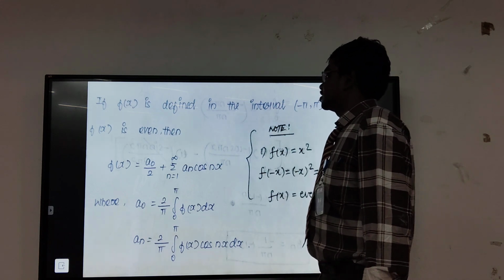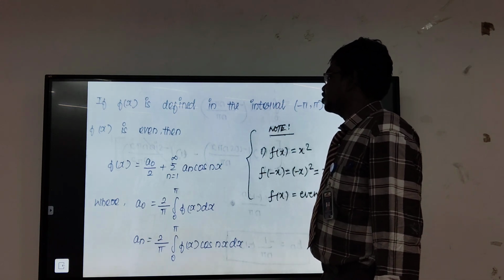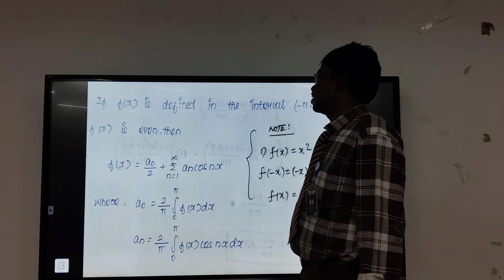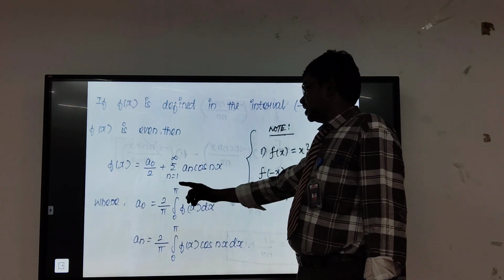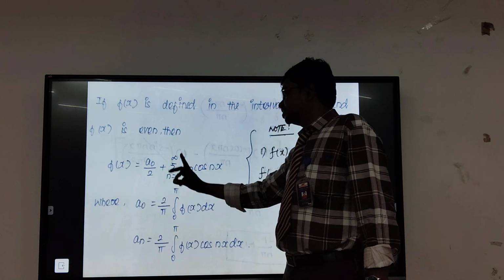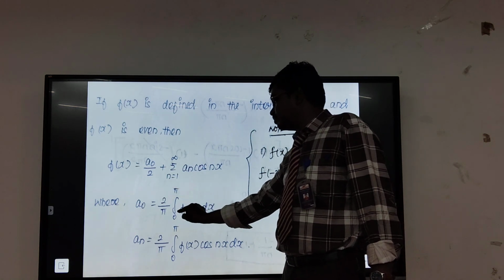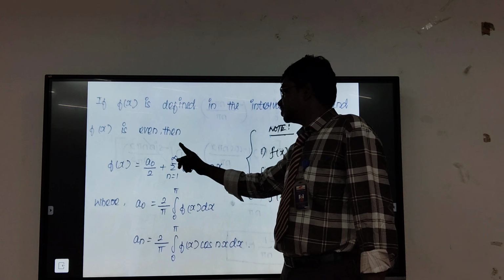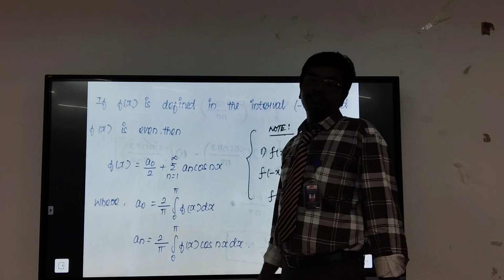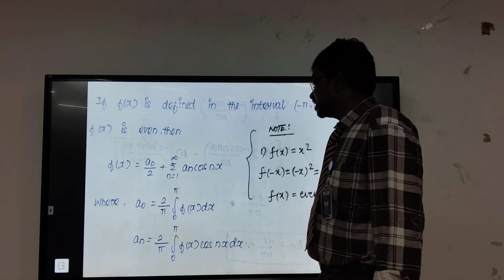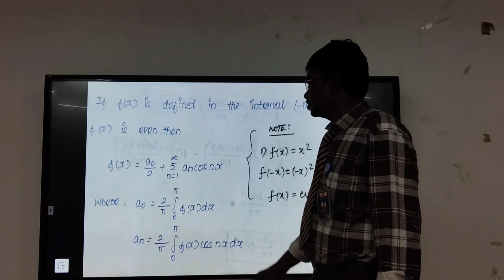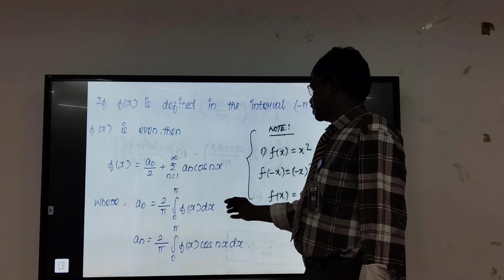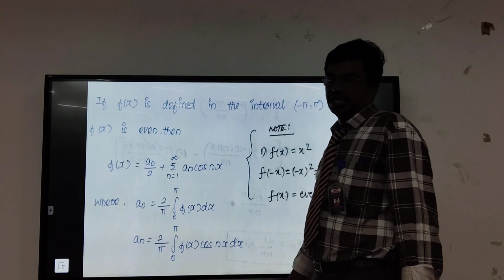Therefore the formula is f of x equal to a naught by 2 plus sigma n equal to 1 to infinity an cos nx, where a naught is 2 by pi. In the general formula it was 1 by pi minus pi to pi. But for an even function, this is very important, it is 2 by pi integral 0 to pi f of x dx, and similarly an equals 2 by pi integral 0 to pi f of x cos nx dx.